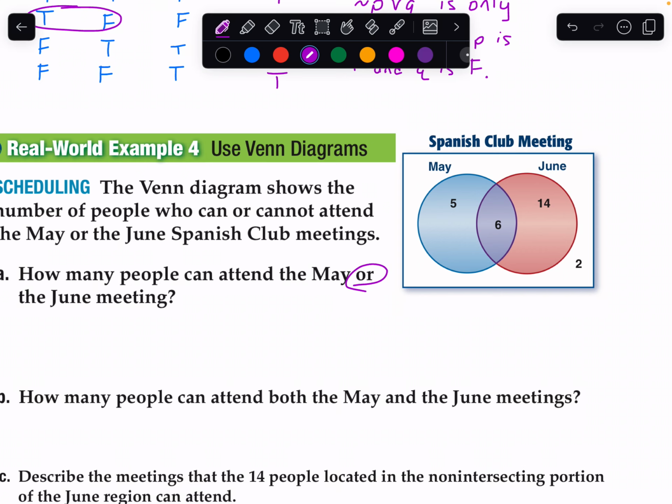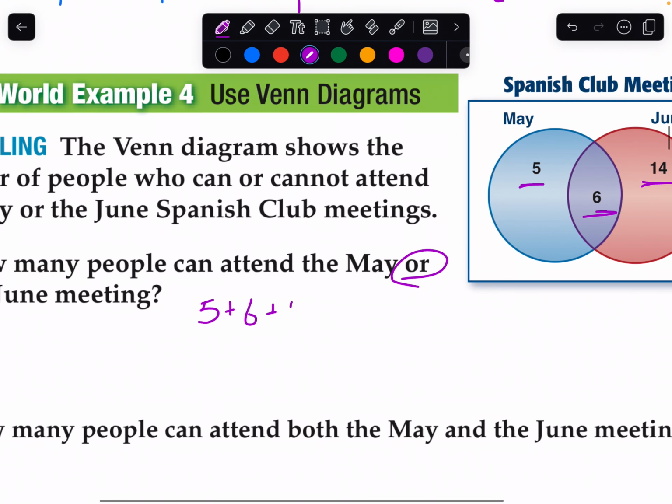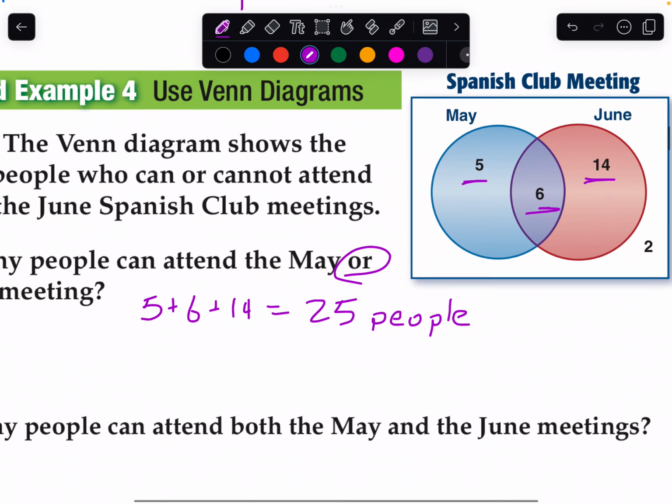We have 5 can attend May, 14 can attend June. You get to freely choose May or June. Great. There's 6 that could do both. They're included in the or. So that's everybody. 5 plus 6 plus 14. 6 plus 14 is 20, plus 5 more is 25 people.